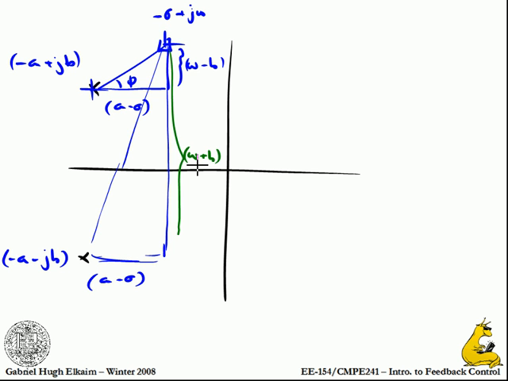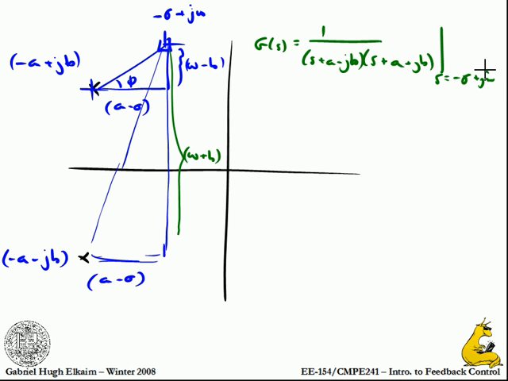All right. And I now want to evaluate G of S is equal to 1 over S plus A minus JB and S plus A plus JB. And I want to evaluate this at S equals minus sigma plus J omega.